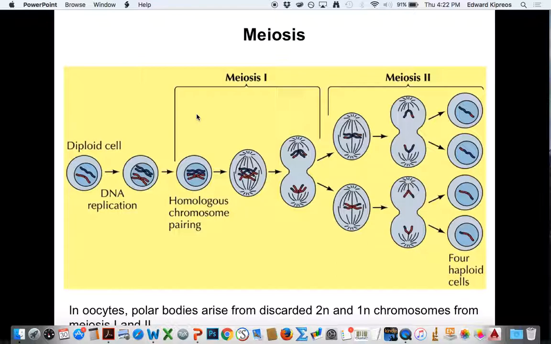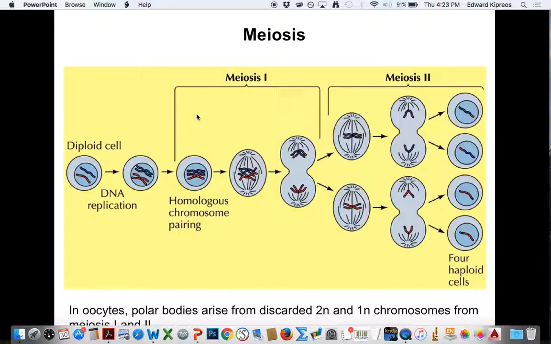Then in meiosis 1, the 2 homologs, so that's chromosome 1 from the father and chromosome 1 from the mother, are going to pair up. And there would have been some recombination earlier. And then they're going to segregate. So now you end up with just one of the chromosome homologs. There's a little bit of recombination, but it's basically either got the father copy or the mother copy.